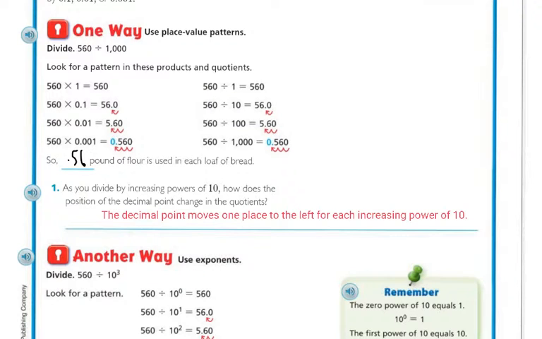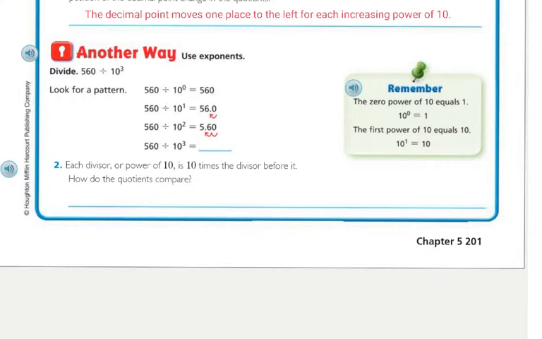Another way, let's use the exponents. We're going to divide 560 by 10 to the third power, because 1,000 is 10 to the third power. So let's look for a pattern. 560 divided by 10 to the zero power is 560, because it's the same thing as dividing by 1, right?